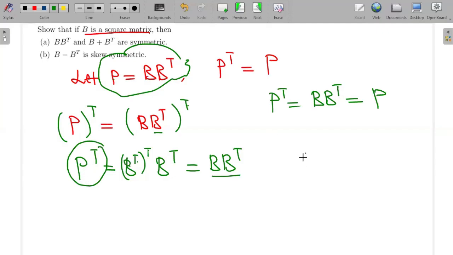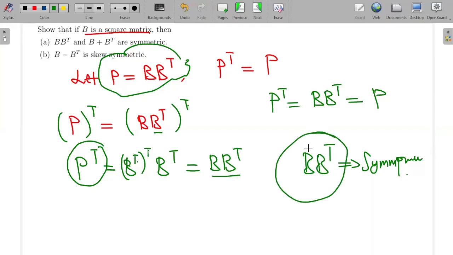So that makes BB transpose to be what? To be symmetric, because they are equal. So the P and the P transpose are equal. It means P is symmetric, but P is equal to BB transpose. So that makes this BB transpose symmetric.